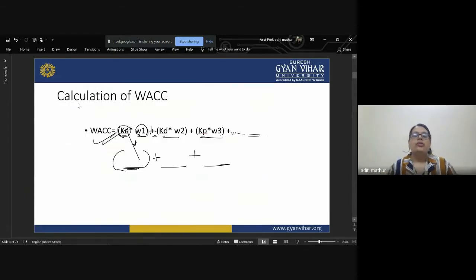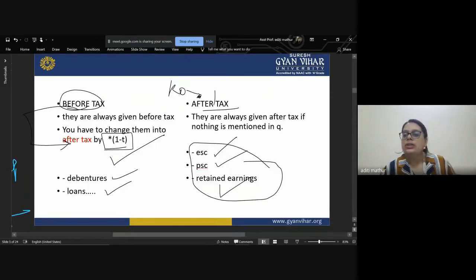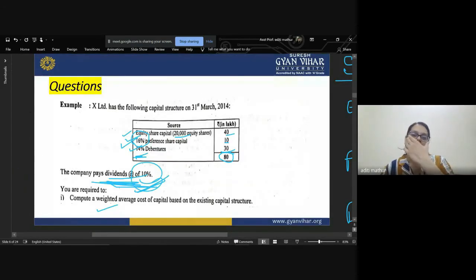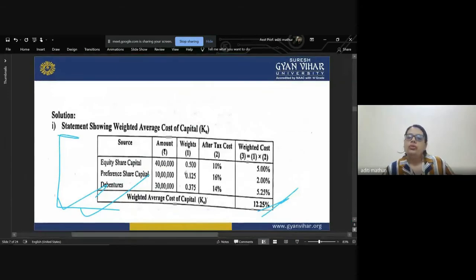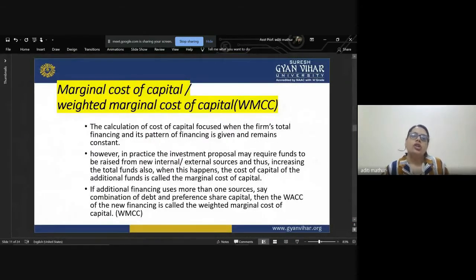This is the equation given to you, that is the individual cost with their weights, add them all together and you get your WACC. But I prefer to use the table format to solve any question. Then we also understood the concept with the help of two examples, and then we discussed the marginal cost of capital or the weighted marginal cost of capital, WMCC.